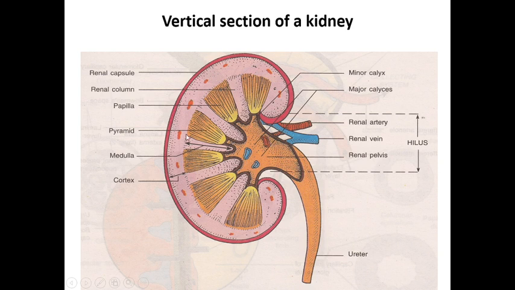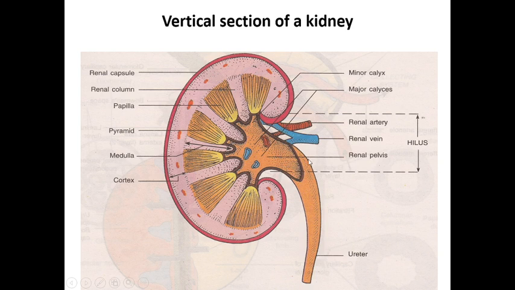In the inner medulla, you can see we have renal pyramids. These renal pyramids drain into the renal pelvis. The renal pelvis opens into the ureter, right?